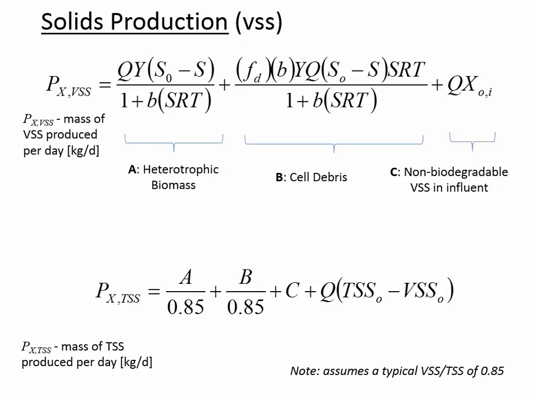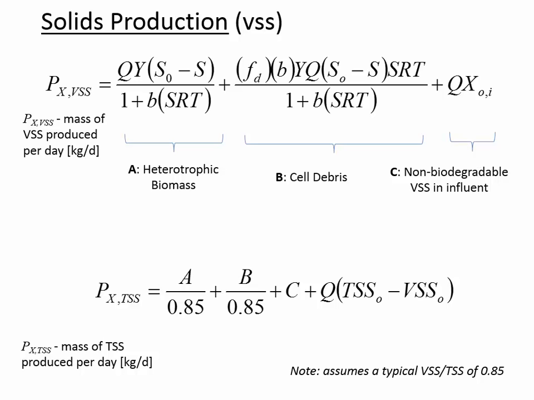Most of the solids, once we get to secondary treatment, are organic or volatile solids, but the book says about 85% is volatile and 15% is fixed, and so this allows you to calculate the total just by dividing what you calculated in the previous step by 0.85.